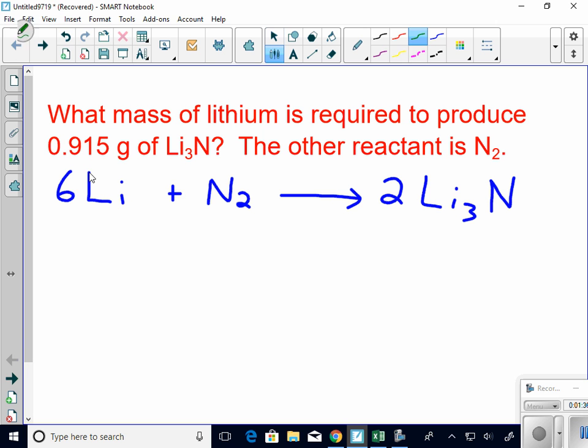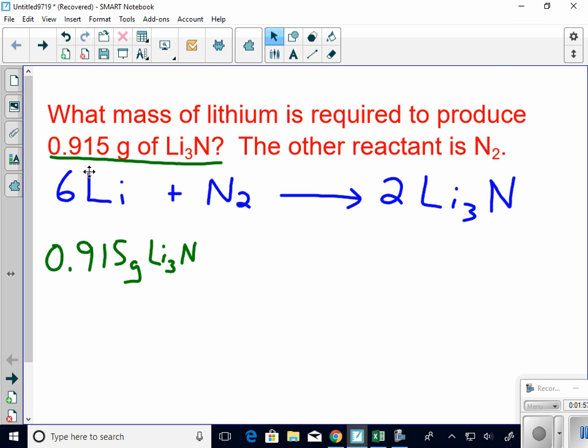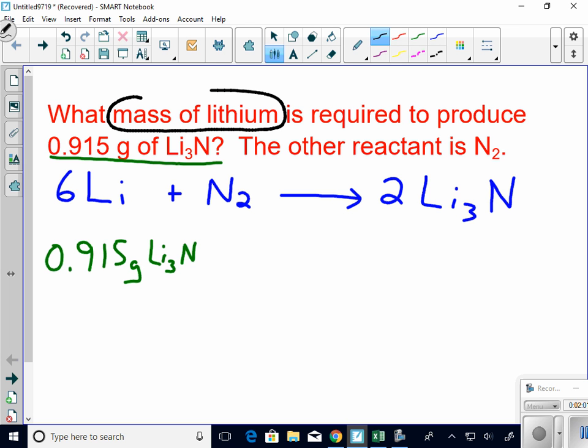Thinking through the process in my head, I'm given 0.915 grams of lithium nitride. I am trying to find the mass of lithium.